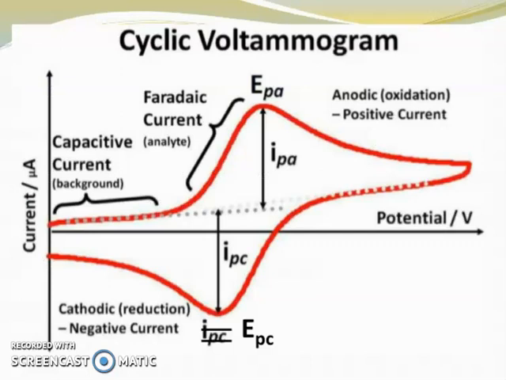So you can see the Faradaic current, IPA, IPC, EPA, EPC. Potential, you see the capacitive current, background, cathodic reduction, negative current, anodic oxidation and cathodic reduction.